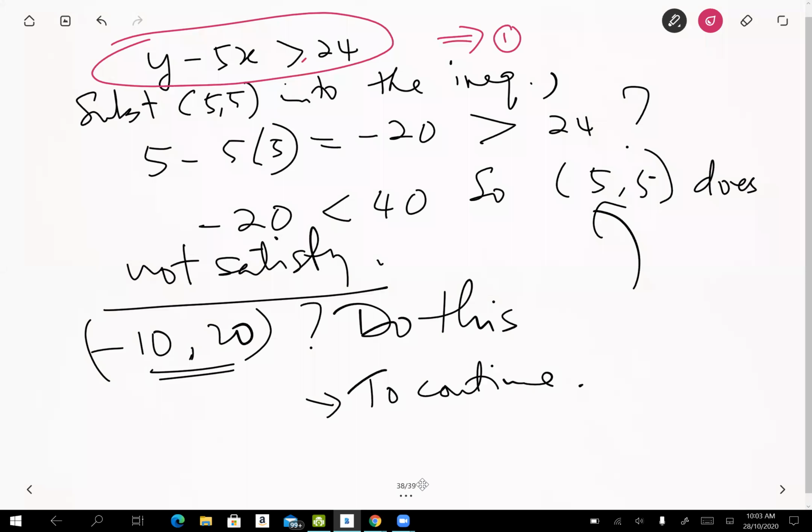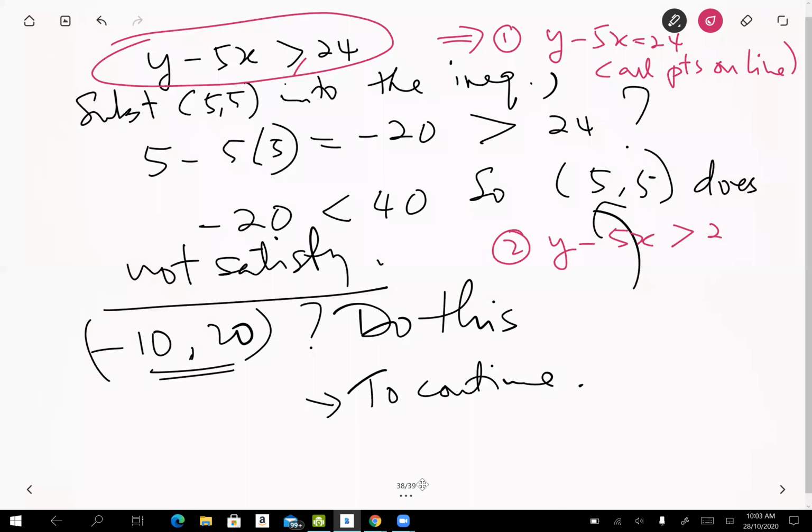So this is y minus 5x bigger than or equal to 24. All the points on the line will satisfy that equation. Number two, you find out what are the points that satisfy y minus 5x bigger than 24. So that is our second part.